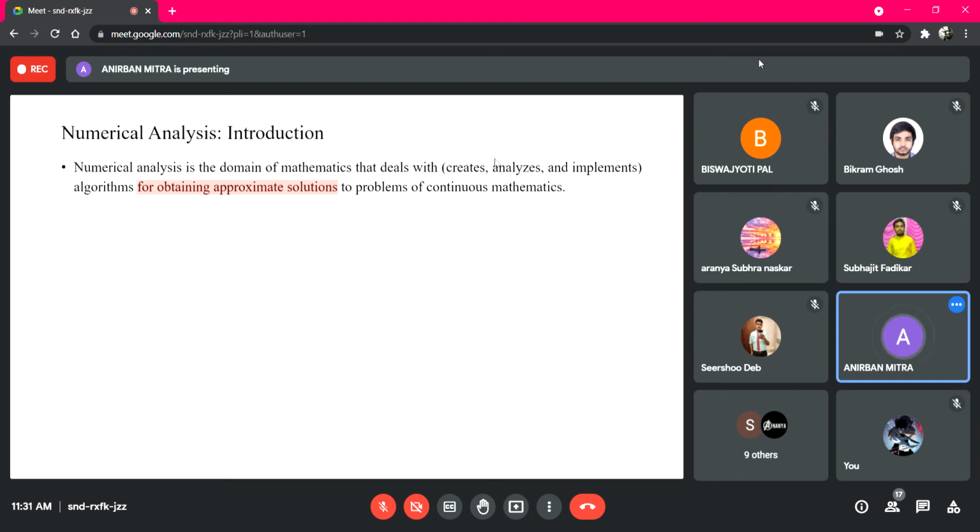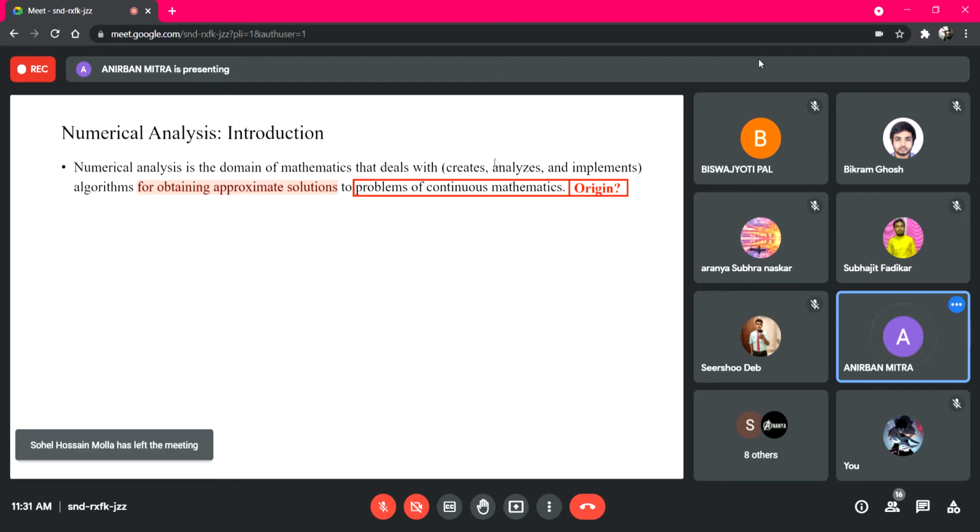But here, one more thing that needs some discussion is: where do these problems come from? What is the origin of these problems of continuous mathematics? Are they given in the exercises of a numerical analysis book, or in some assignment sheet or problem sheets? Definitely not.